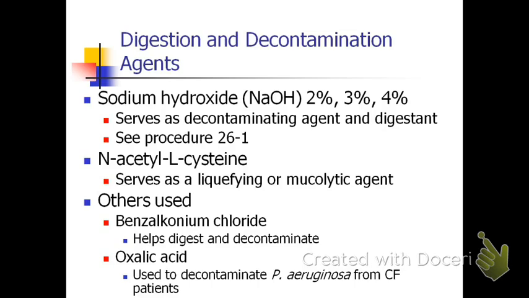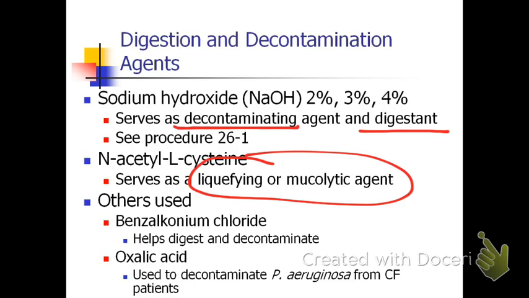This sodium hydroxide works two ways because it could act as both a decontaminating and digesting agent. And acetyl L-cysteine serves as a liquefying or mucolytic agent. Some would use benzalkonium chloride, which could also help digest and decontaminate. And oxalic acid, particularly if your CSF sample has Pseudomonas aeruginosa, would be a good decontaminating agent.